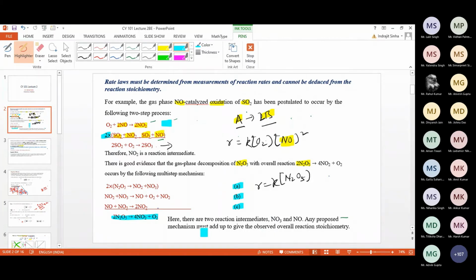And you can see always that there is no relation between the stoichiometric equation and the rate law. There is no relation. So that is extremely important to remember. Don't get confused. Okay.